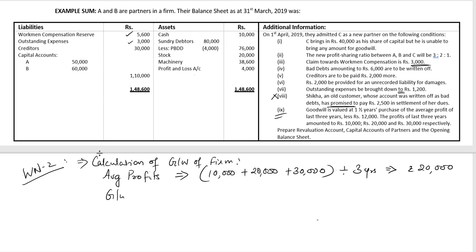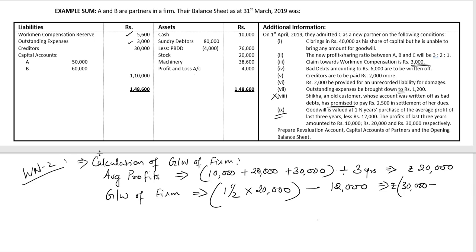So goodwill of the firm is equal to 1.5 years purchase multiplied by 20,000, and from this we need to subtract rupees 12,000. So in other words, it's rupees 30,000 minus 12,000, which is equal to rupees 18,000 is the goodwill of the firm. Next we'll find out C's share of goodwill.